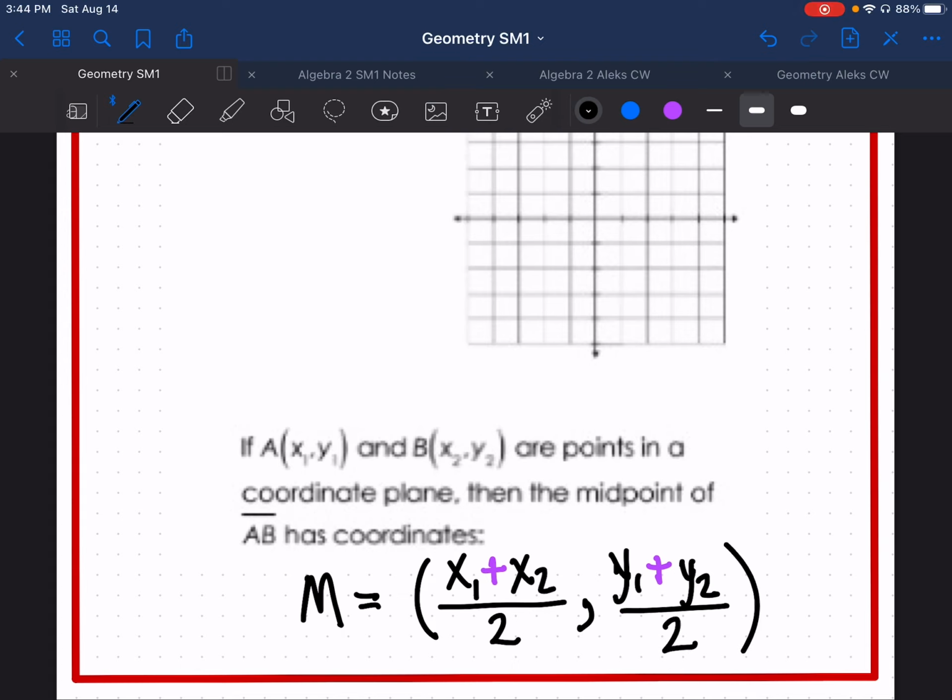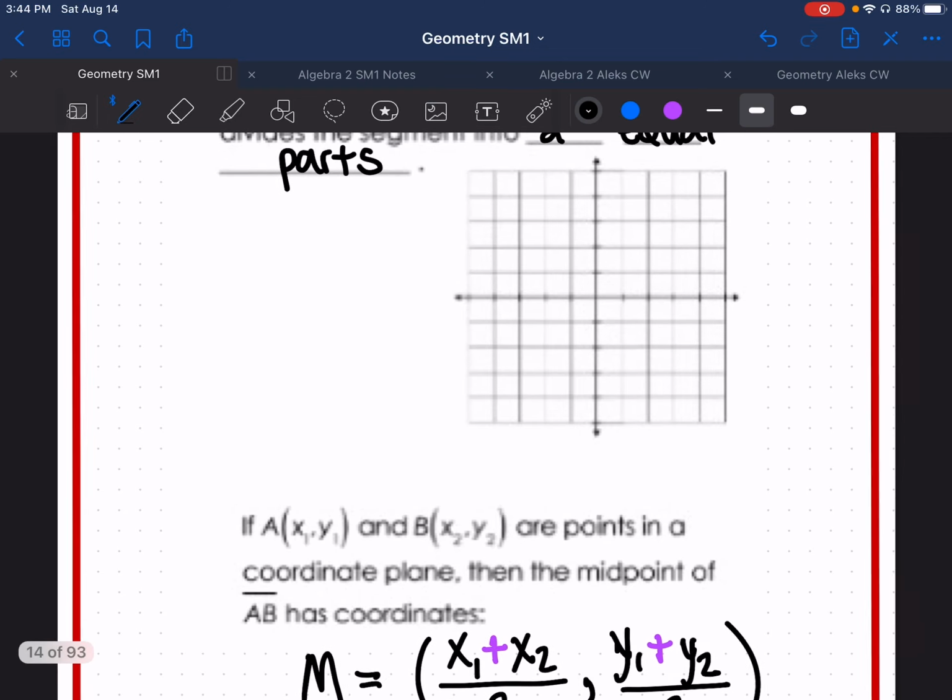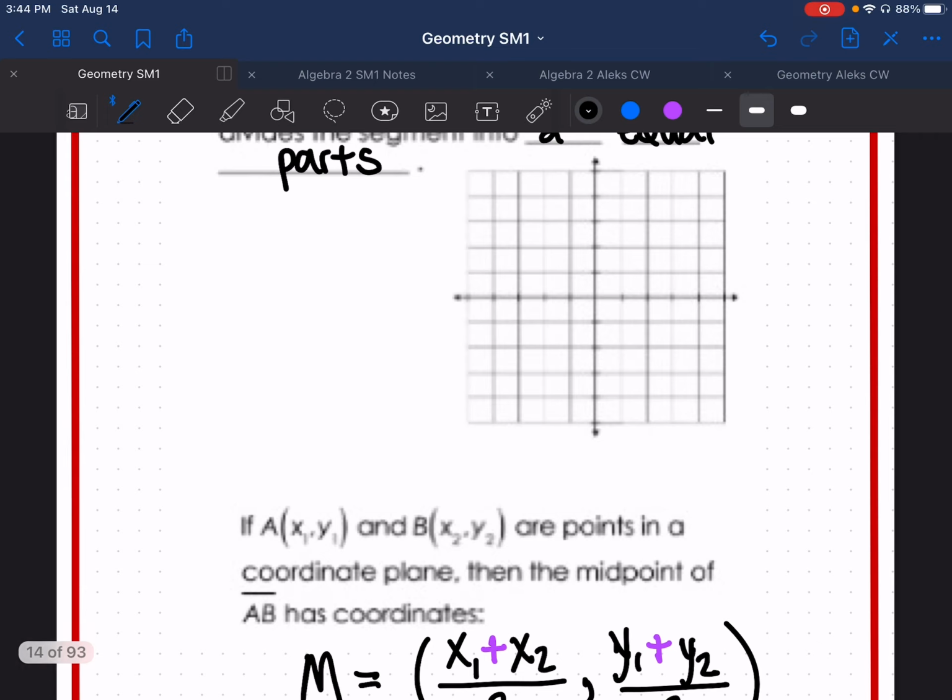Notice that we're adding here, and we're just going to use the formula. I'm going to be coming back to this coordinate grid and showing you another way that you could do one of the formulas, okay?